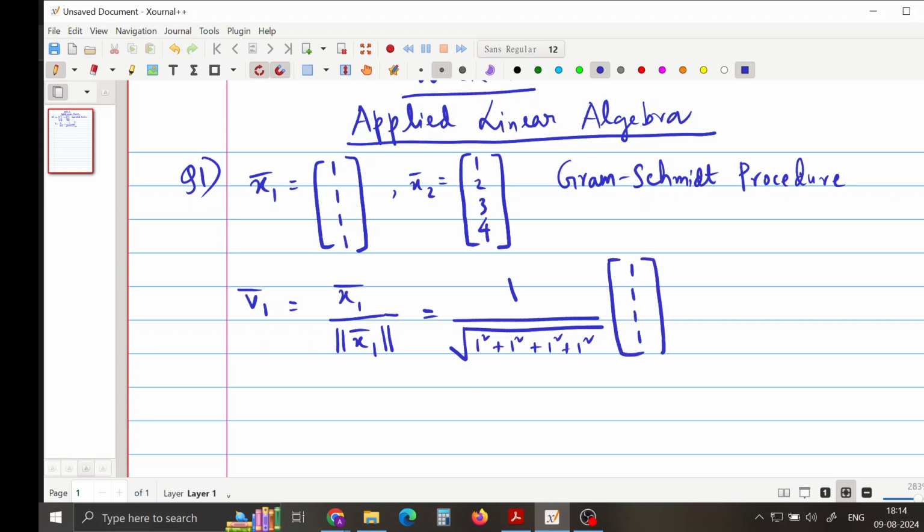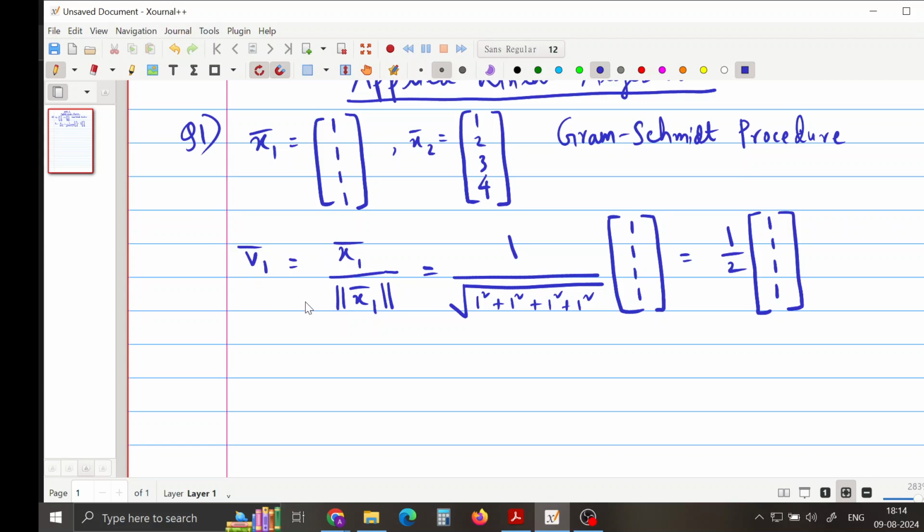Okay, and as he said correctly, it is 2. Okay, and you get this. So this will be your first vector in the orthonormal set.